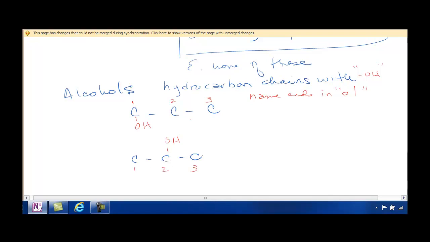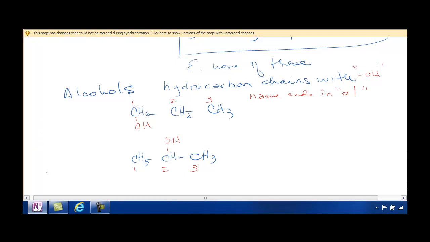So what do I call my first one? This guy's going to have 2 H's and 2 H's and 3 H's. This guy's going to have 3 H's, 1 H. What do I call my first one? Ethanol has how many carbons?